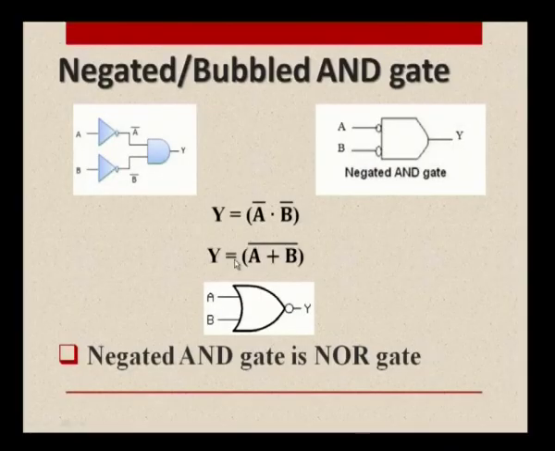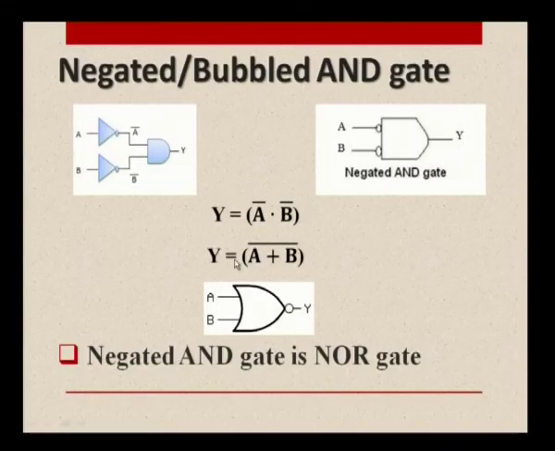So, when we apply the De Morgan's theorem here, we will be able to further modify the output that we obtain here. So, let us see how it is modified. We will have to recall to our mind the De Morgan's theorem. When we use one of the theorems, we will be able to write this A bar dot B bar in another form also. Let us see how it is done.